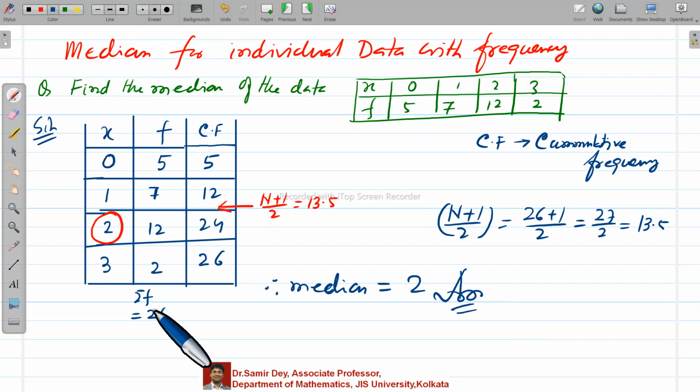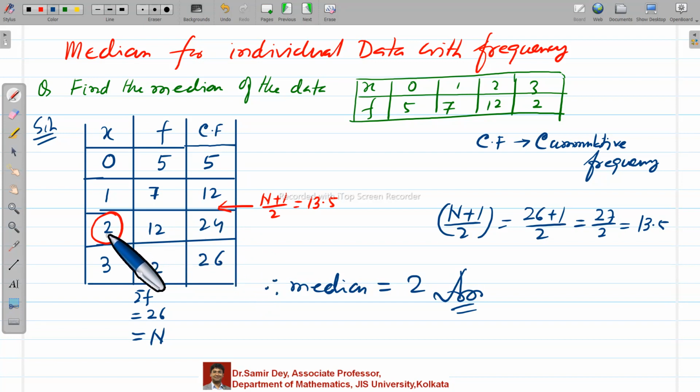I repeat, first you have to identify your summation of f, that is your n. Here I have considered n plus 1, 26 coming from the cumulative frequency. Suppose you have a question in your mind, sir, if I have the exact data, maybe 12 or 24, the same? In that situation, if the exact data is coming, there is no need to check the second one.